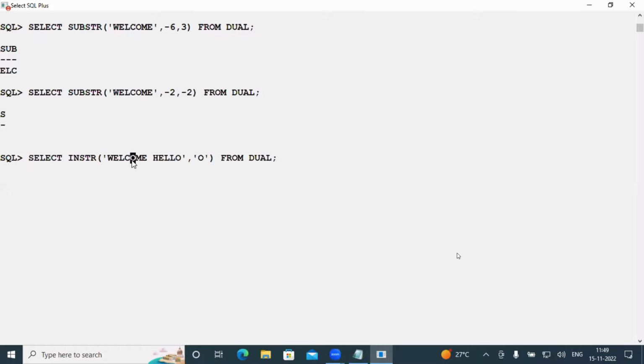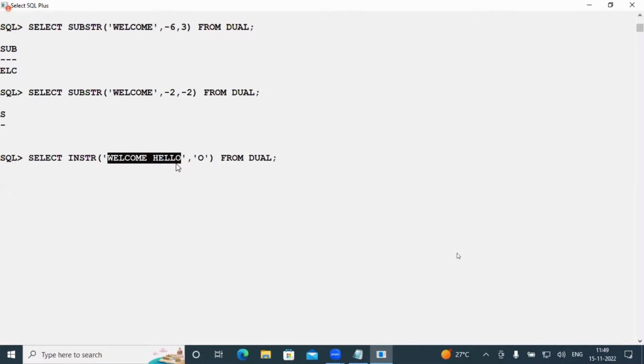Fifth position, so position number 1, 2, 3, 4, 5. Where is the second O? 5, 6, 7, 8, because space is also countable, 9, 10, 11, 12, 13. So the second O is at the 13th position.